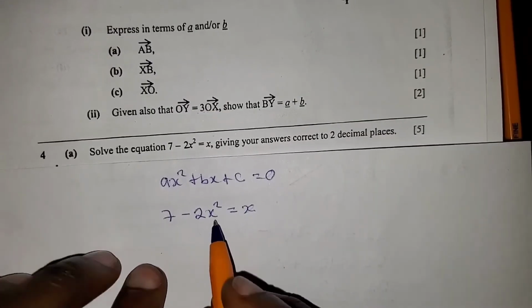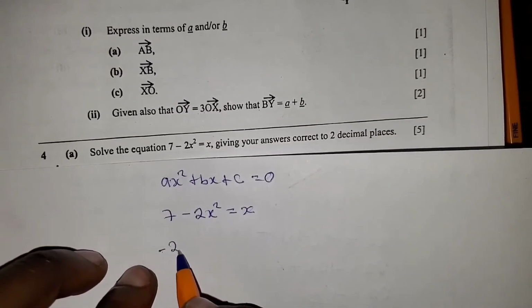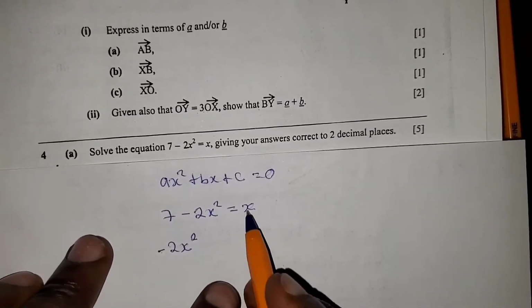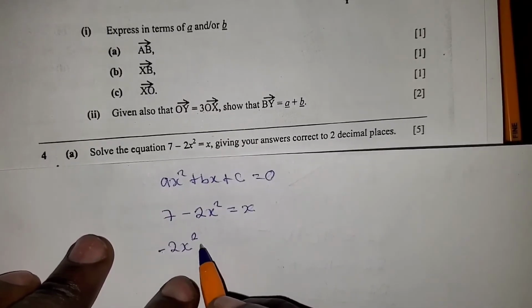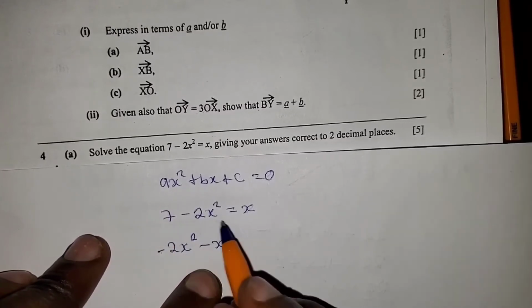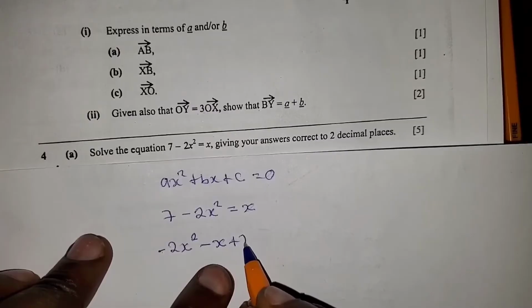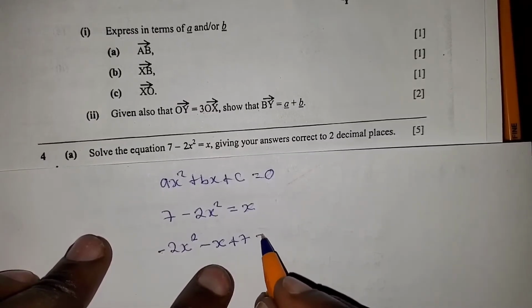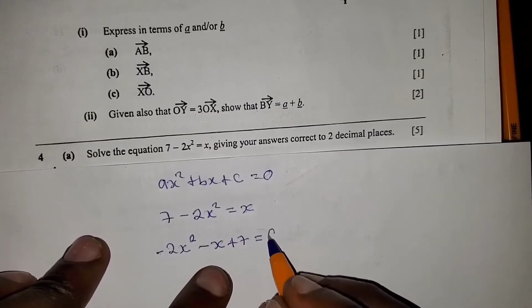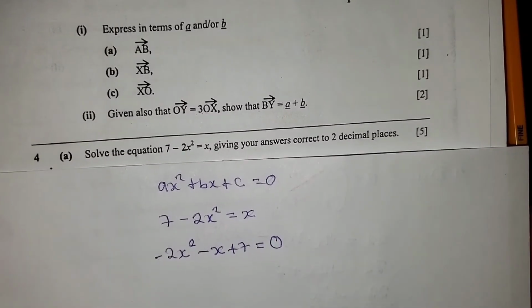We're going to start with the one that is squared, which is negative 2x squared. Then this is our b. We'll cross the equal sign, it becomes negative x. Then this side is positive 7. Why is it not changing the sign? Because it's not crossing the equal sign. Is equal to 0.